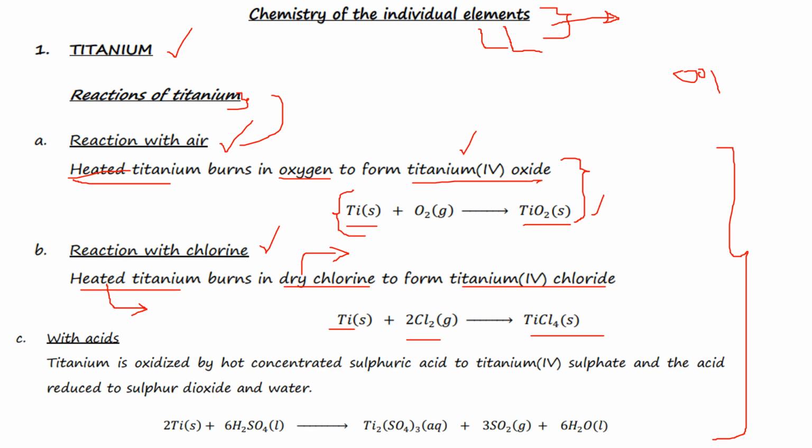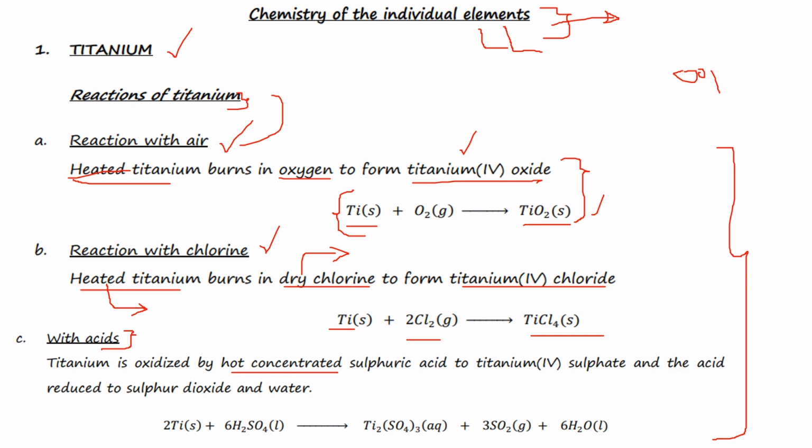So let's go to the third reaction, which involves the reaction of titanium as an element with acids. Titanium is going to be oxidized by hot concentrated acid. The condition here on the acid is hot concentrated.